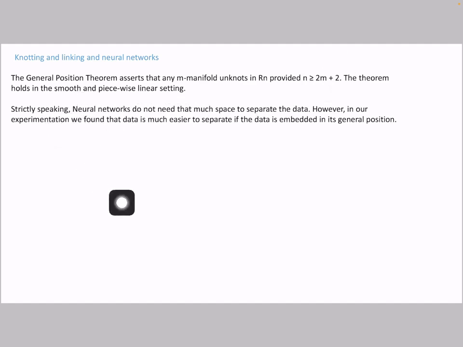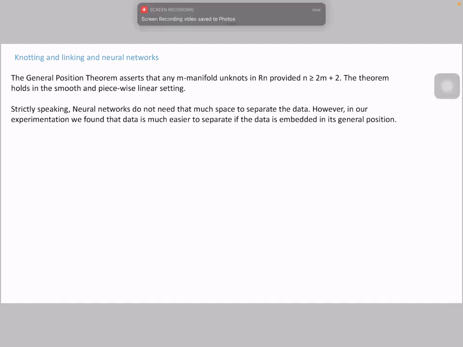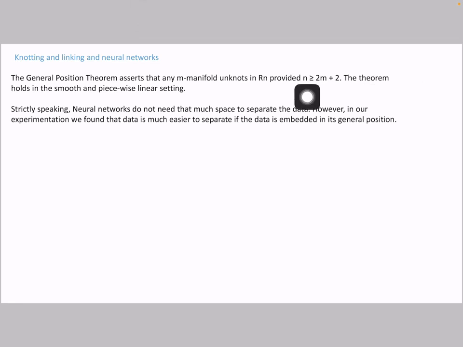One form of the universality actually tells you that you only need to go one dimension higher than the ambient space. That's usually enough to approximate any function. However, in our experimentation, we noticed that we don't need to make the neural network as deep if we put the data set inside its general position dimension, so larger than 2M plus 2.